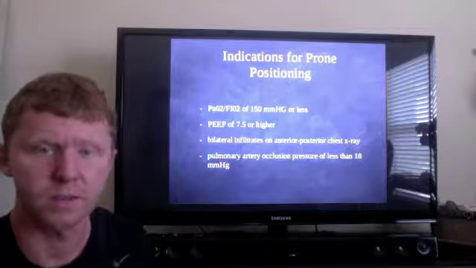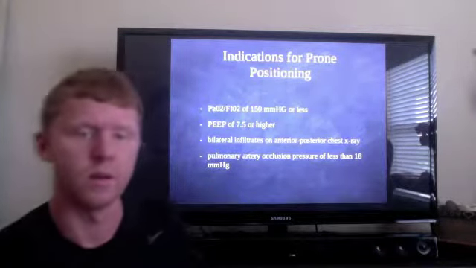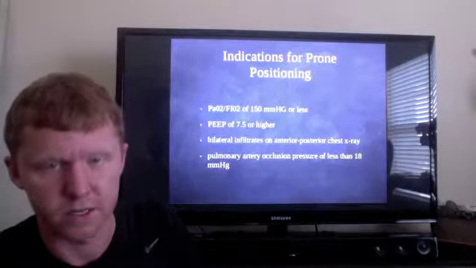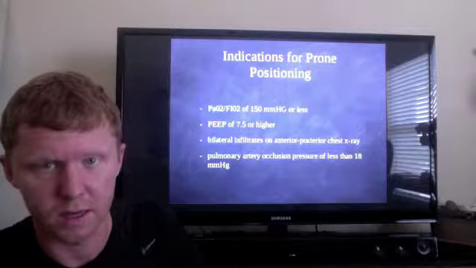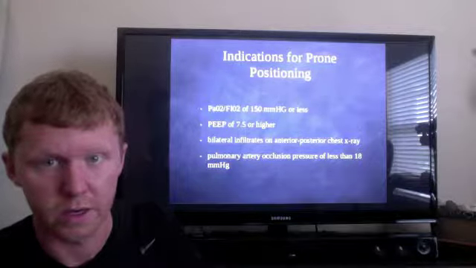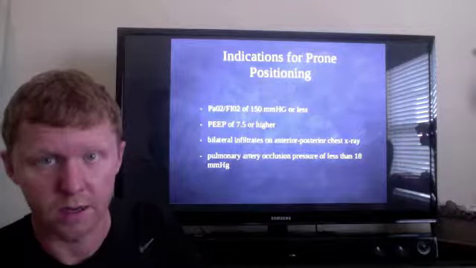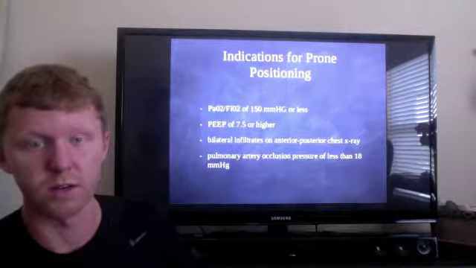So some indications for prone positioning would be an arterial oxygen tension divided by fraction of inspired oxygen of less than 150 millimeters of mercury, which would classify a patient for prone positioning because of the low level of this.